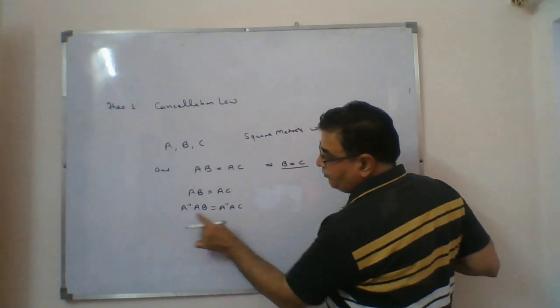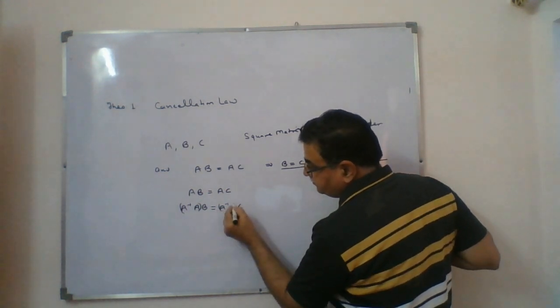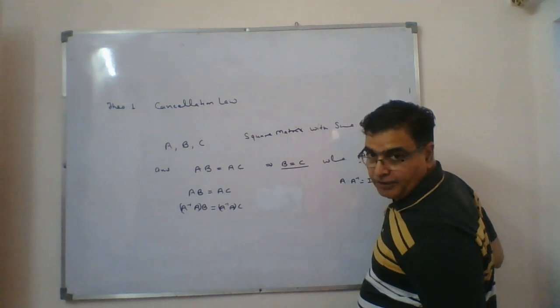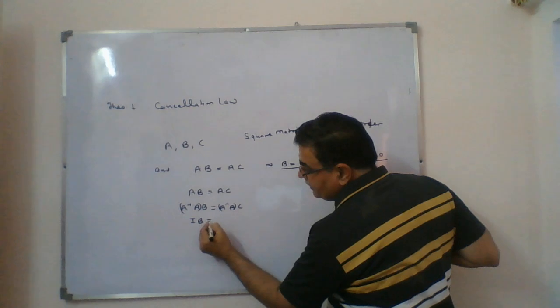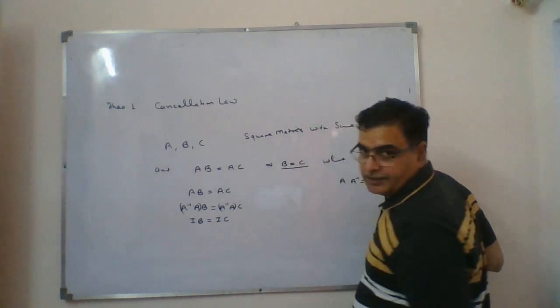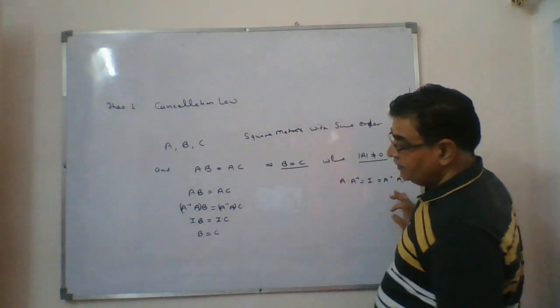So we are multiplying A inverse on both sides. By the associative property, this will come out to be identity into B and identity into C, and this comes out to be B is equal to C.